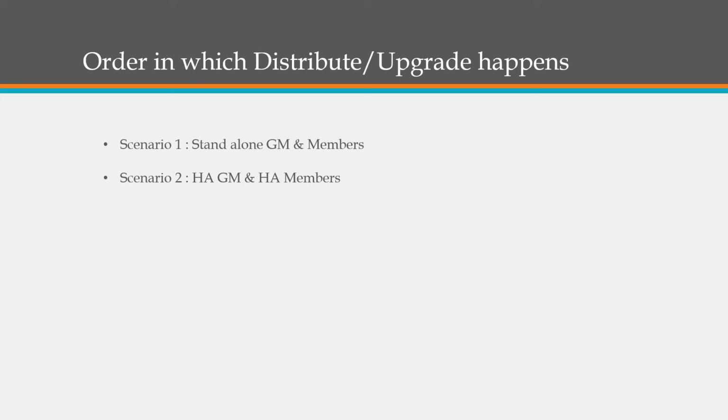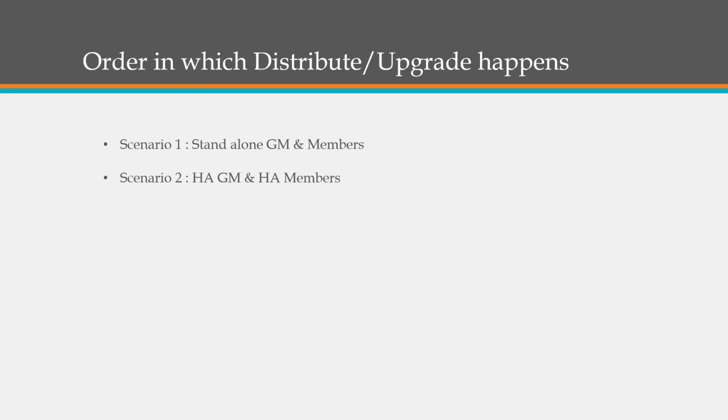In scenario 2, if we have a grid master in HA configuration, in the upload stage there is not much difference. When we are uploading, the file will be uploaded to the active grid master, not the passive one.